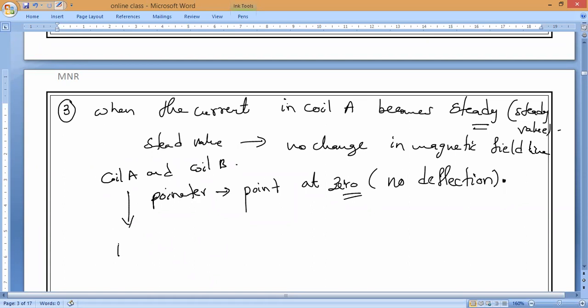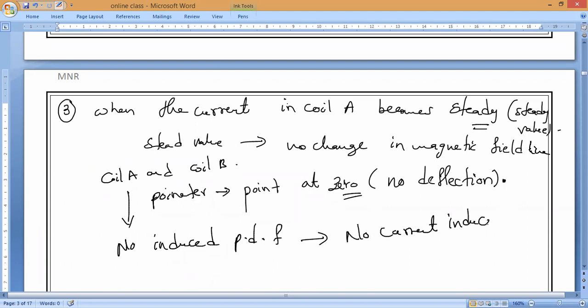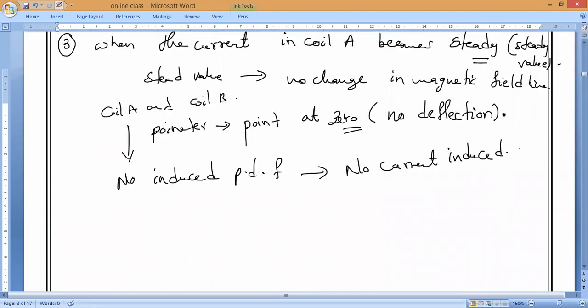All of you should remember: no induced potential difference, and if there is no induced potential difference, no current is induced. Understand, Arvind? So that is what is happening. So no current is induced, so the galvanometer will show no deflection, or the pointer will indicate the 0 point. This is the third conclusion which we can make.